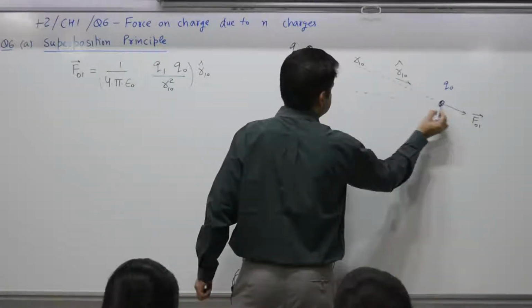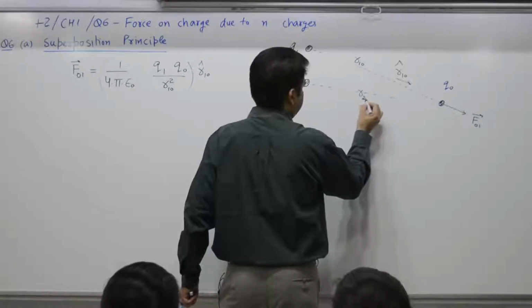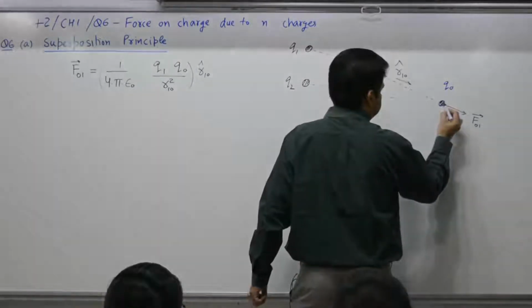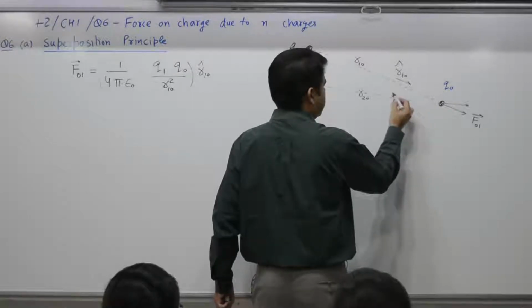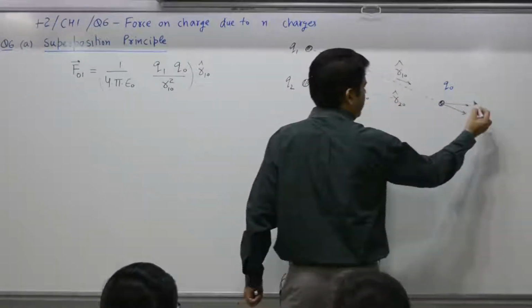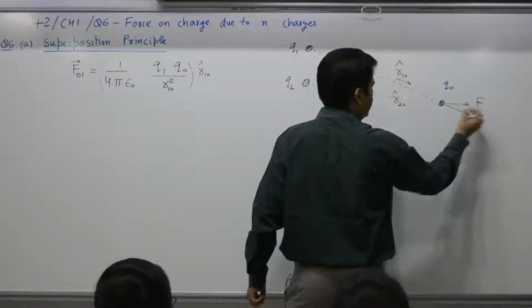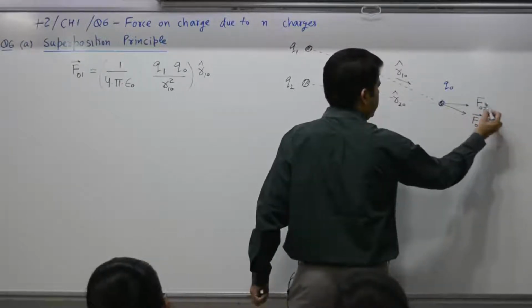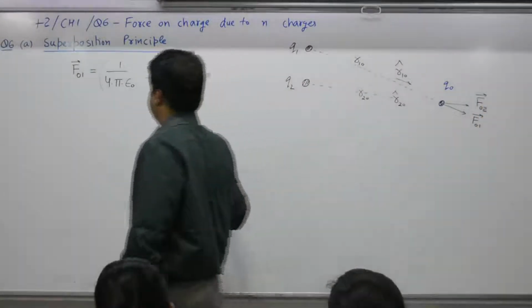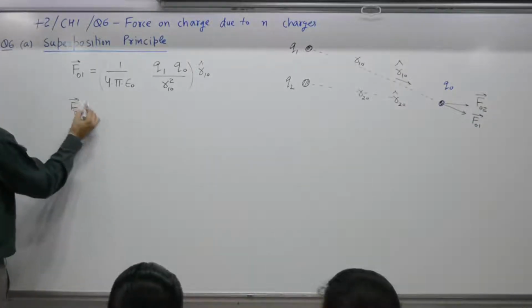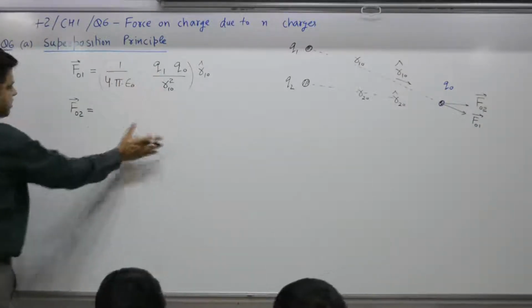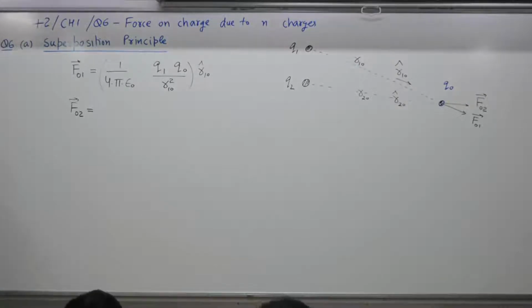This distance is R2 naught. This direction we can mark as R2 naught unit vector. The force is what? The force on naught due to 2, so write F naught 2, exactly below this.